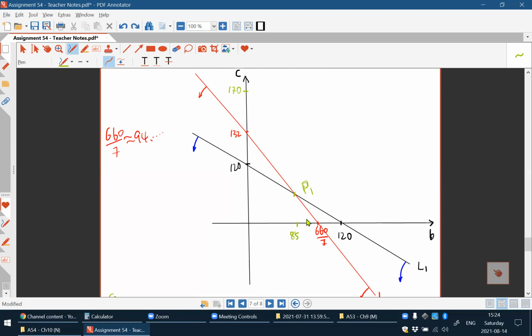Because when we draw all the elements, it's not necessarily to scale, right? Do you understand? So you need to check if the green line is to the left of P1, or in other words, whether P1 is above the green line, below the green line, or exactly on the green line. Suppose, okay, let's suppose the third line looks like this. Okay, let's assume that P1 is above the green line.